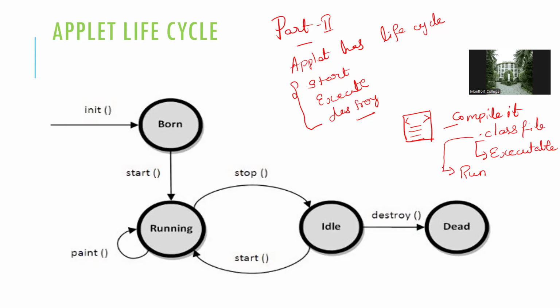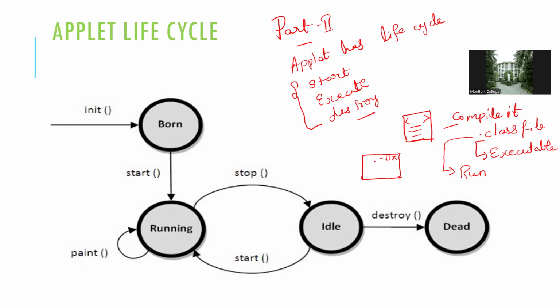Then the CPU processes it and shows the output. For applet, the output will be the applet window. The applet window will have a mark here, and minimize and maximize icons, and here close. You know that. So this is the applet window.